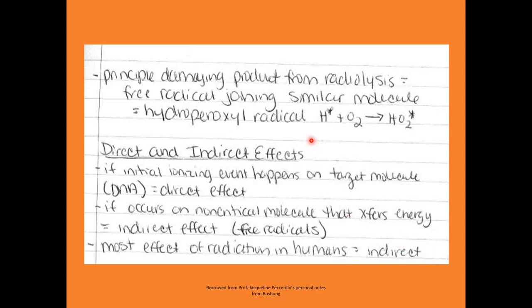So you can still have direct and indirect, but with humans, most often it is an indirect effect that's going to occur. So again, you can have both direct and indirect effects, but the primary in humans is indirect because of our water molecules.